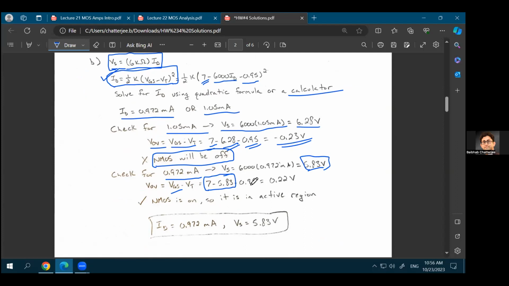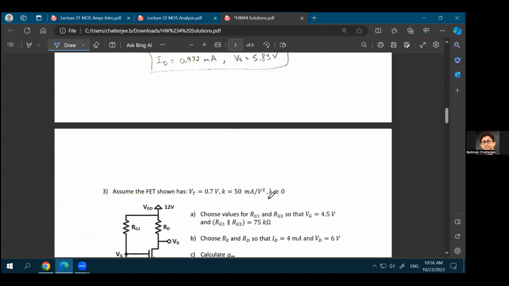So that is more than your 0.95. That's the threshold voltage of the MOSFET, which means that the NMOS is on. So the NMOS is on and it is in the active region. So you'll take this to be your solution of current ID. So you can find out what is your ID, that will be equal to 0.972 milliampere, and VS will be 5.83 volts in this case.